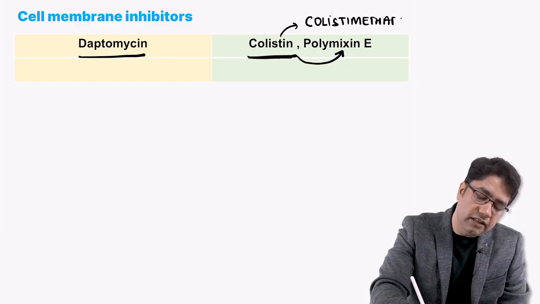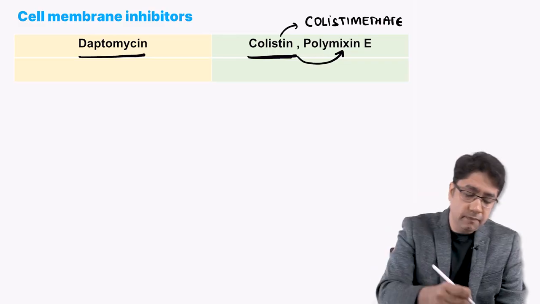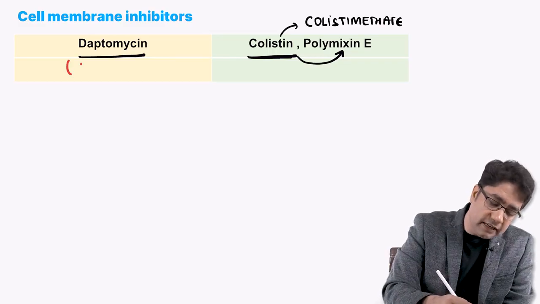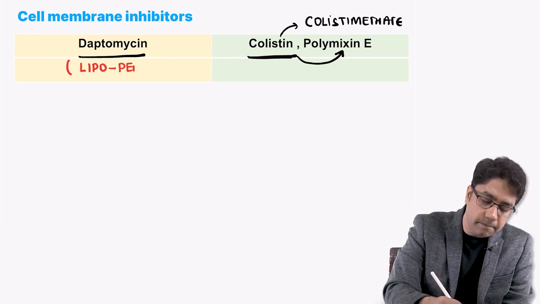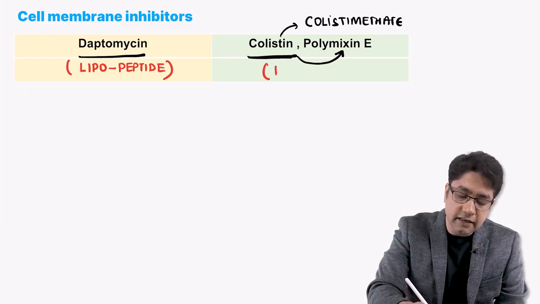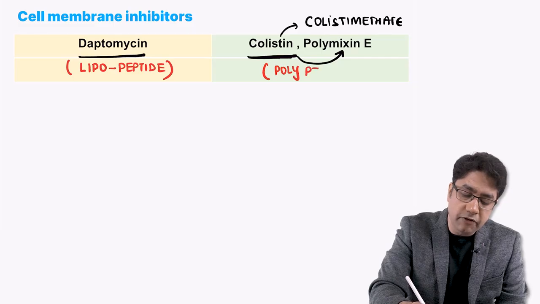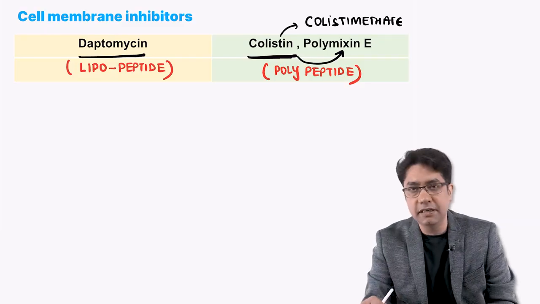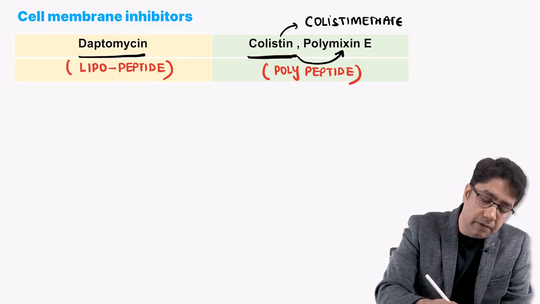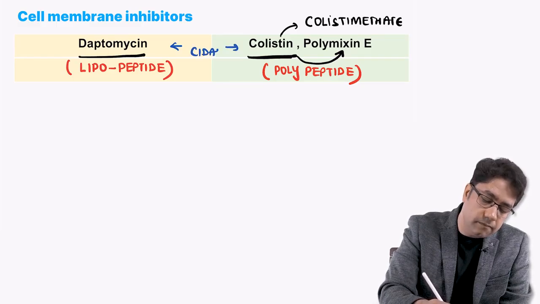For your reference, try to remember the word colistin. Daptomycin is a lipopeptide group of antibiotic, while colistin is a polypeptide group of antibiotic. Both drugs inhibit the cell membrane, and remember both are bactericidal drugs.